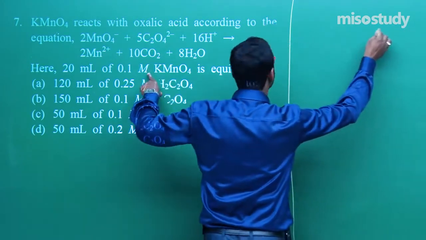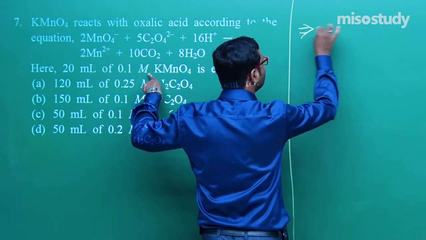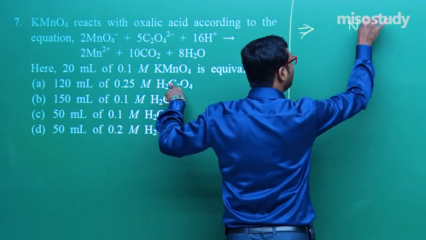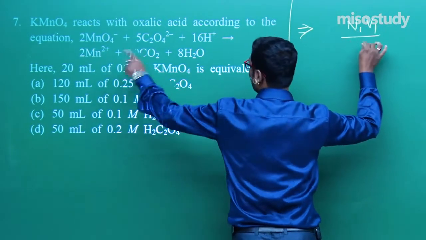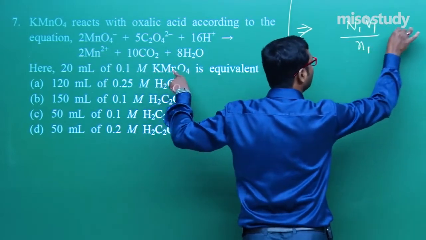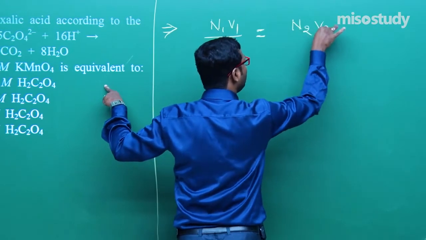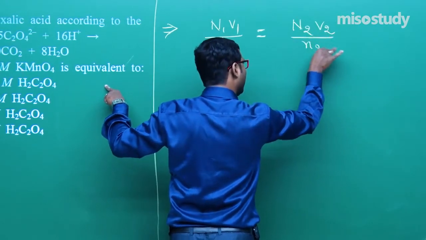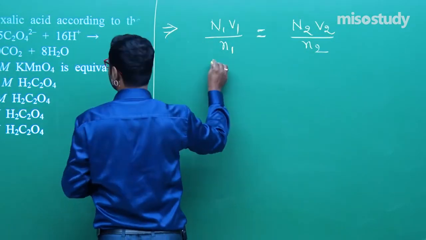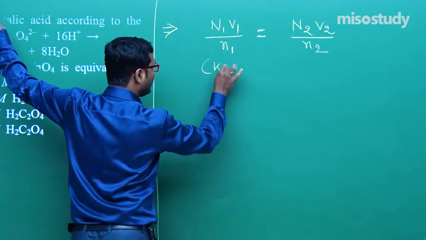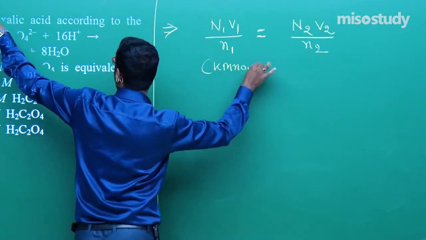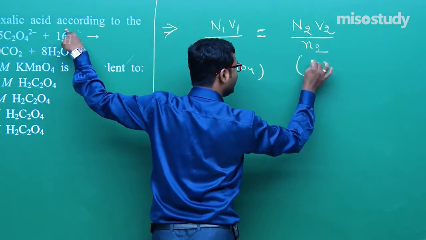So we know the formula, number of equivalents: N1V1 upon the number of moles, equal to N2V2 upon N2. This equation is for KMnO4, and this one is for oxalic acid.